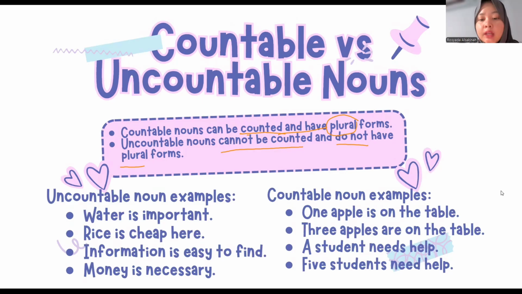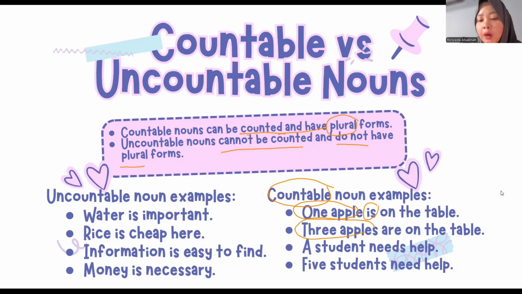For example, in countable nouns, apple and student can be counted, so they are countable. For example, one apple is on the table. One apple is singular, so we use is in the sentence. Three apples are on the table.